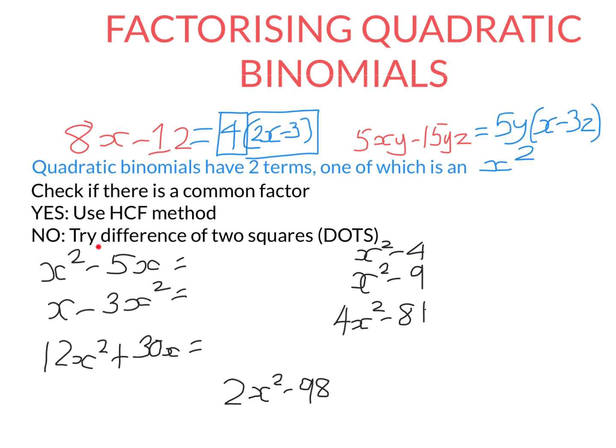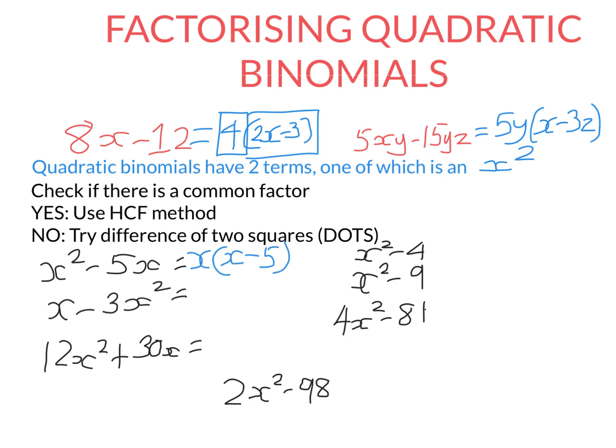So let's look at this one here, x squared minus 5x. So we've got two terms, one of them is an x squared term. So we're going to see if they have a common factor. So this term here and this term here have an x in common. So we put the highest common factor out the front. Now what do I times by x to get x squared? Well, that's just x. What do I times by x to get negative 5x?